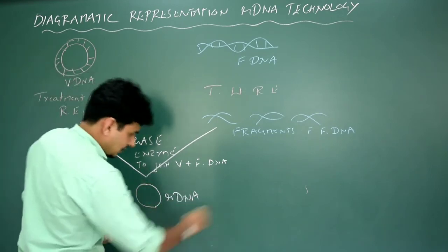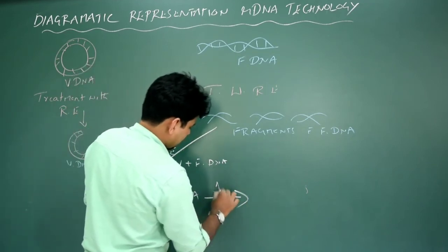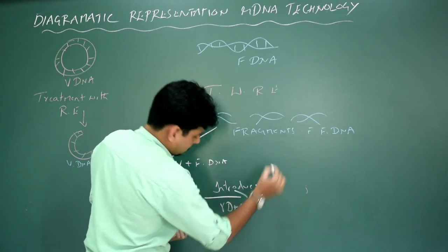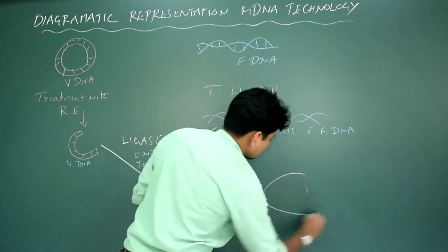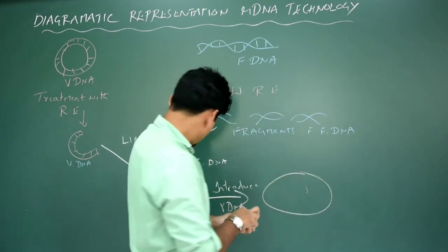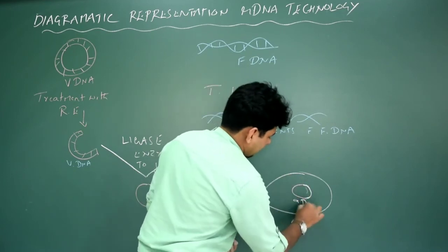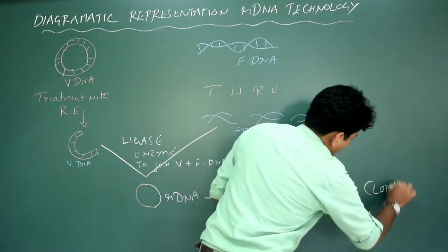And the next step is, I cannot continue further, no space. So what I am going to do is introduction again. Introduce this rDNA into host. Simple. So we just draw host. It could be bacteria, human cells, whatever it is. Then rDNA. Then next is cloning.